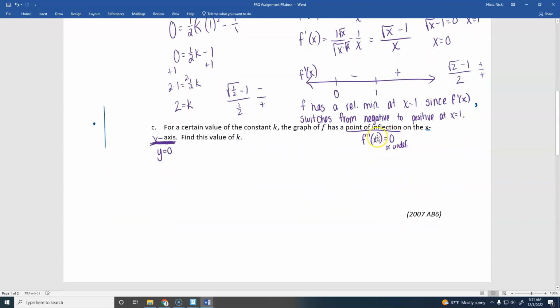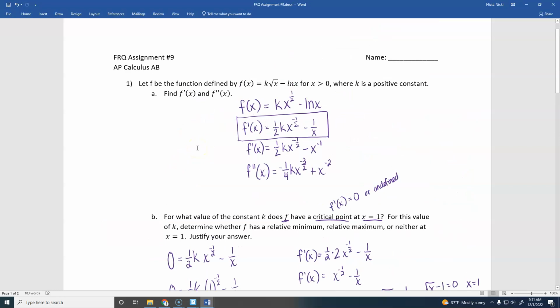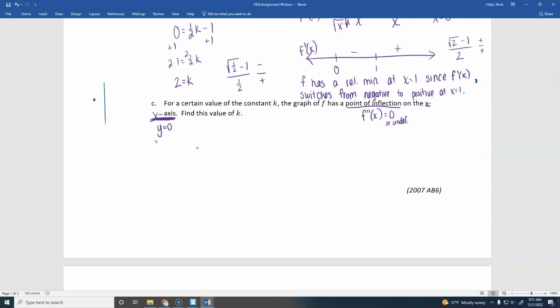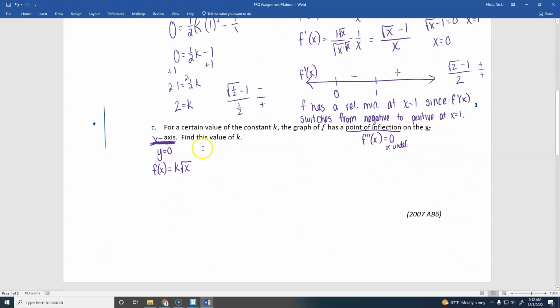So we can either set the second derivative equal to 0 or undefined, or we can set y equal to 0 in the original function, right? Or we might need to do both. I'm going to try y equals 0 in the original function and see if it gets us anywhere. My original function was f of x equals k square root of x minus natural log of x.